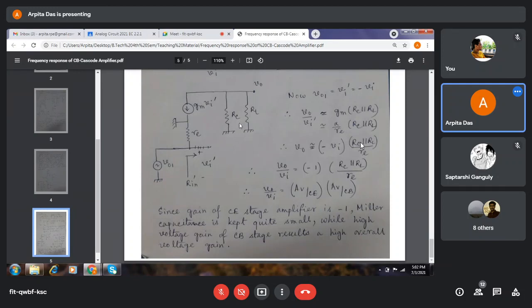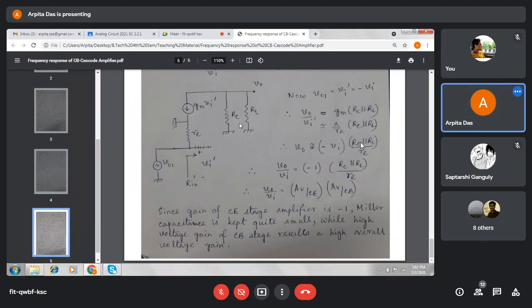In the first stage, Miller capacitance does not appear. So again, the overall bandwidth of the CD stage is higher, and the CD stage always provides you higher bandwidth. So the overall bandwidth of the composite structure is now much higher compared to the cascade amplifier.